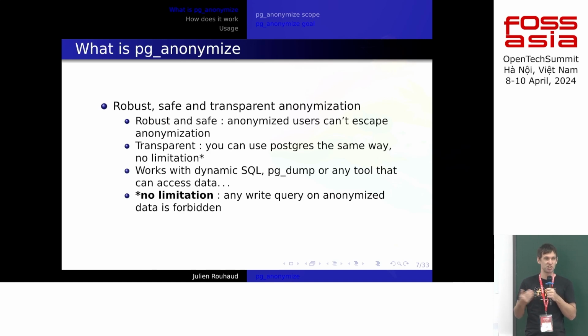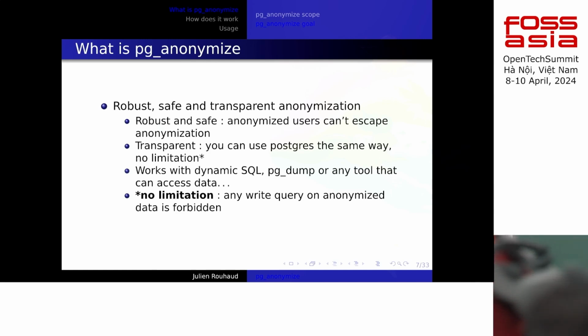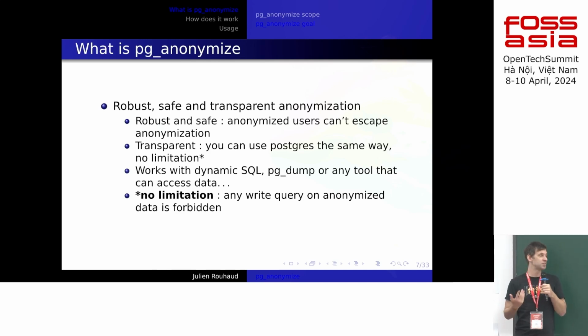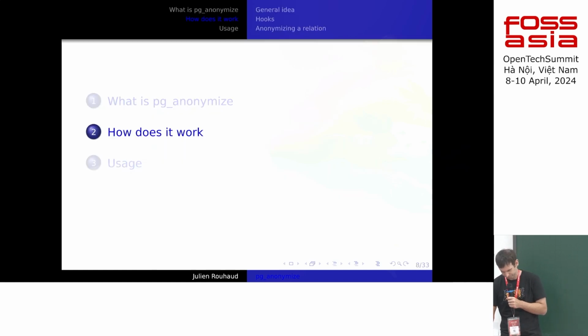It's working with pg_dump, with pg_sample, or any tool that connects to Postgres. And there are no limitations. The only limitation I put explicitly is to ensure read-only, because in my opinion, doing writes when you see anonymized data is a good recipe for failure. If you're going to modify data when you don't have the original one, it's probably a bad idea.